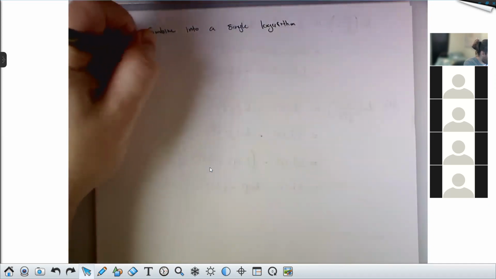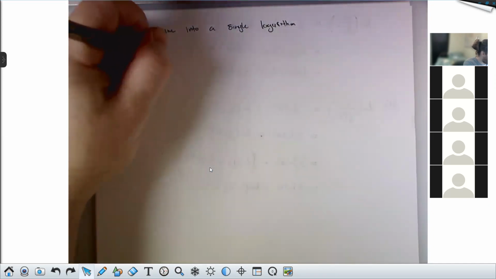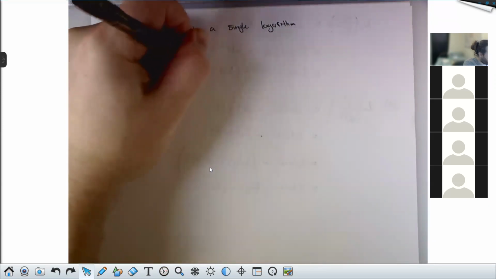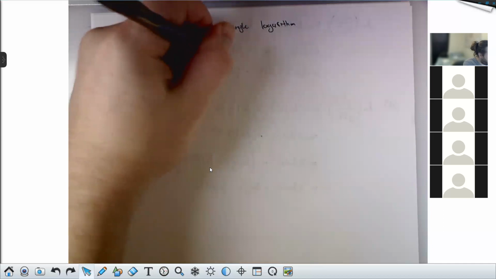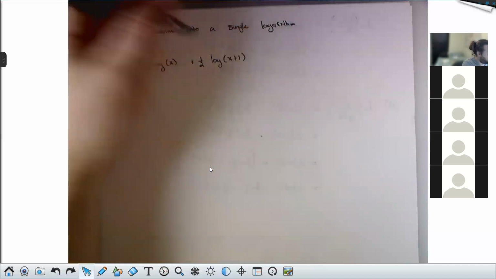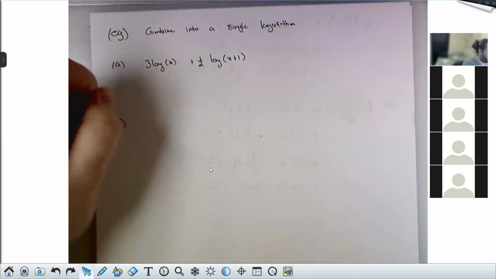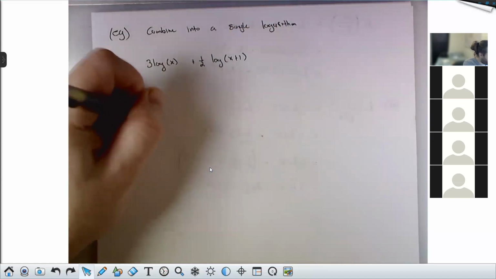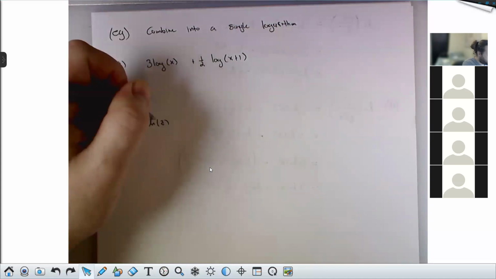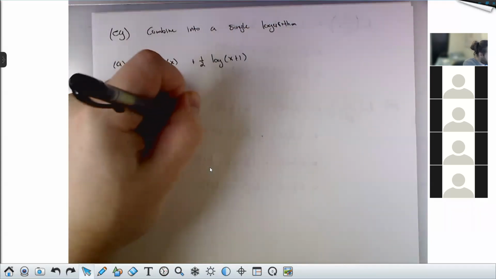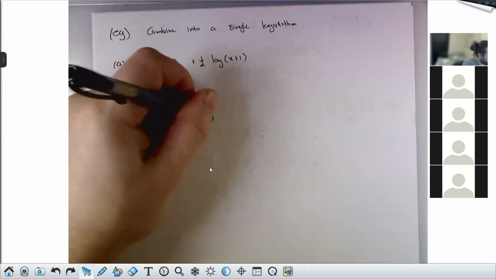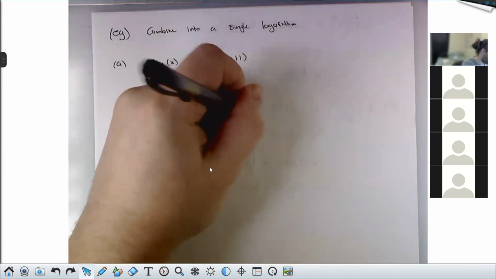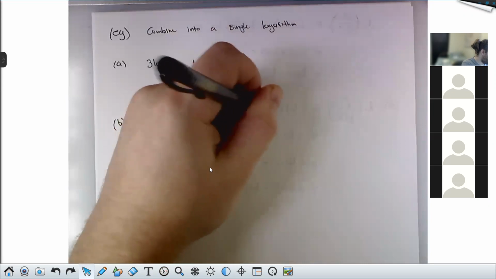Something like 3 times the common log of x plus 1/2 times the common log of x plus 1, or 3 times the natural log of z plus 1/2 times the natural log of t, minus 4 times the natural log of t squared plus 1.